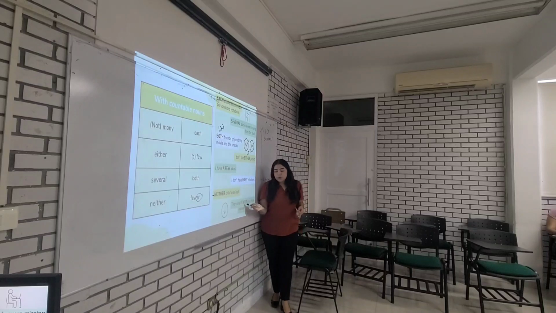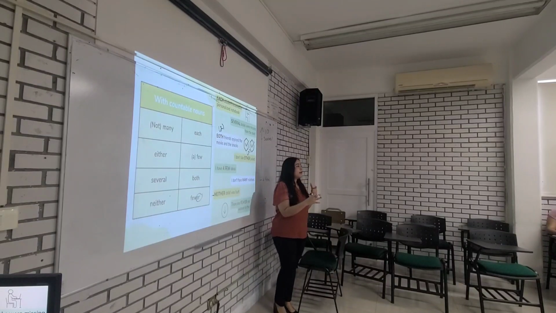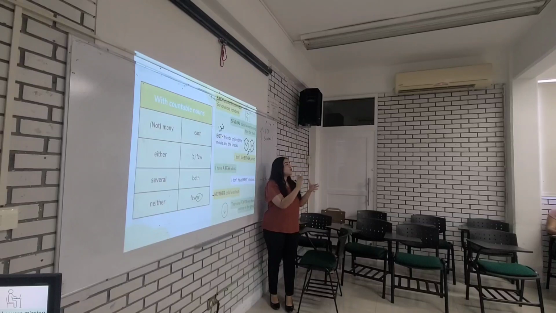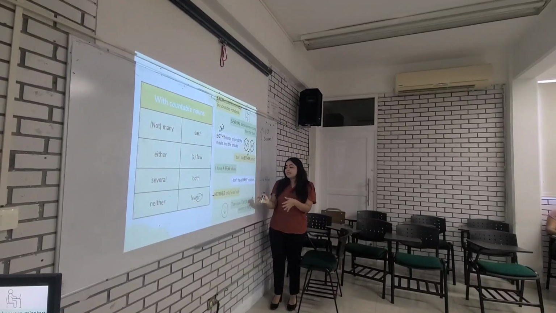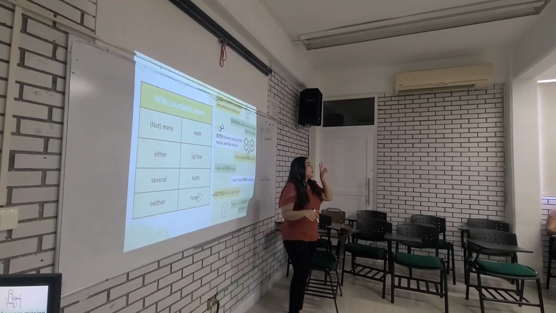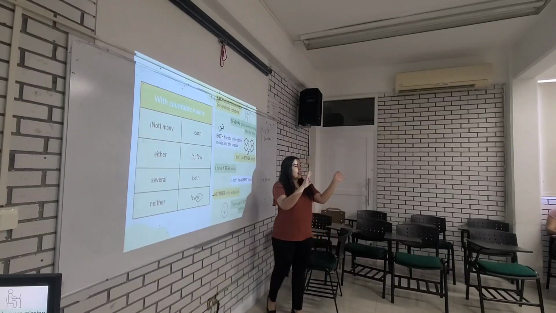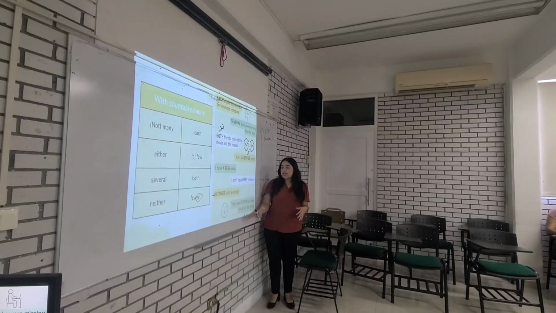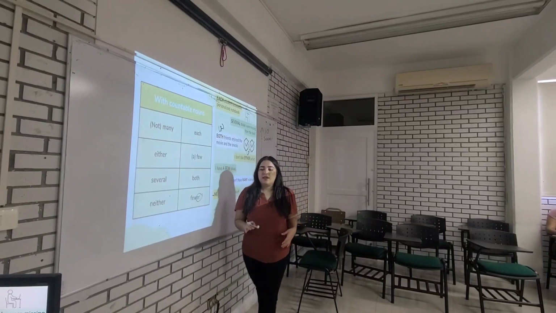So fewer, it's comparing, and it's saying that one thing is less. It has a small quantity, okay? In this case, in our group, we just have 2 men, okay? And the rest are women. So in this case, I can say there are fewer men than women in the group. Okay?